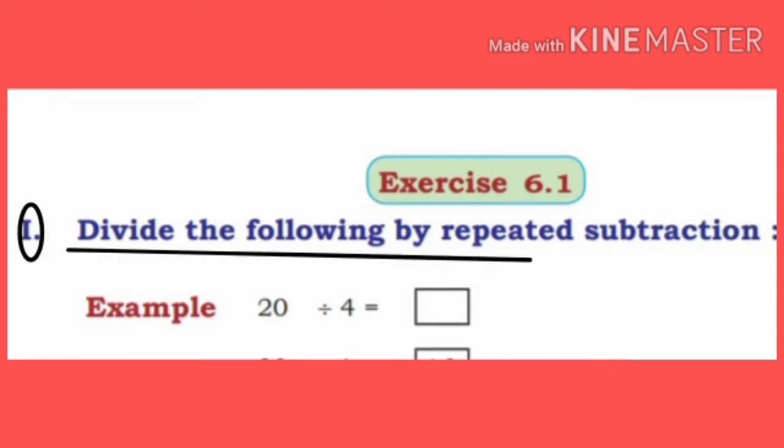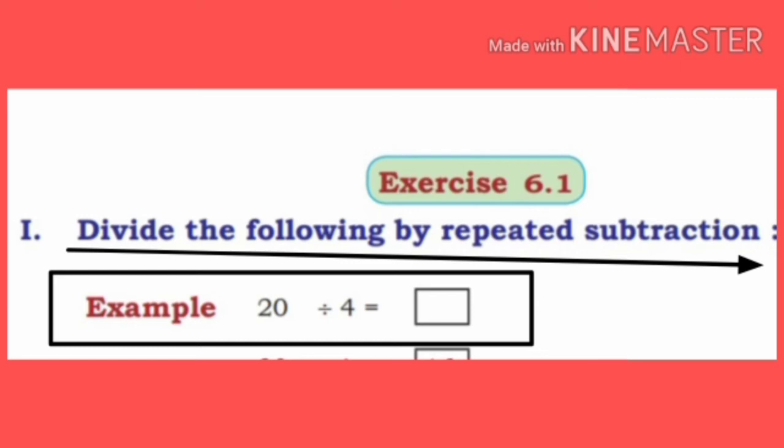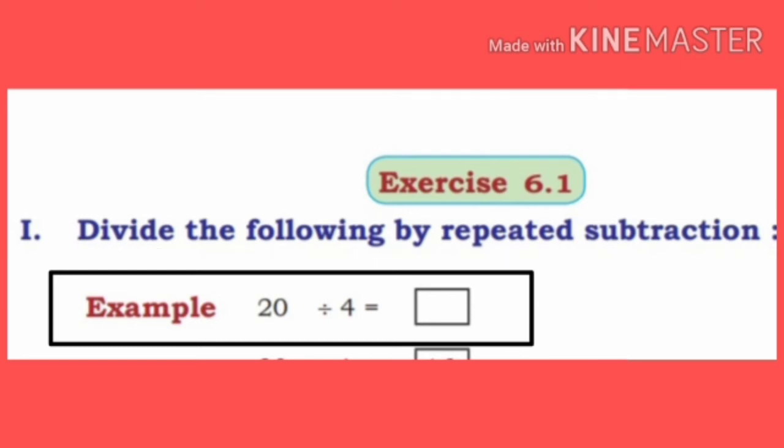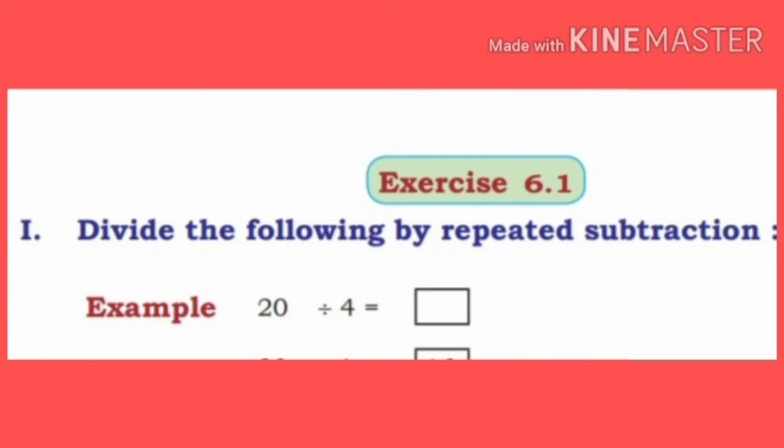First, divide the following by repeated subtraction. Observe the example, children. Here the subtraction form is already written. 20 divided by 4.